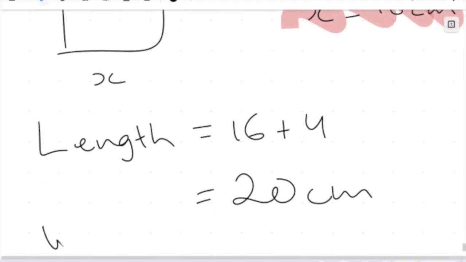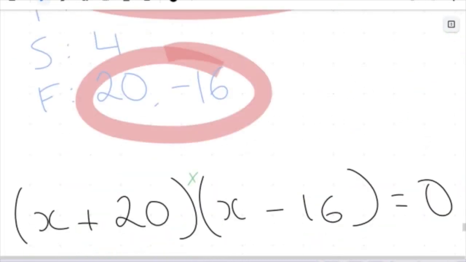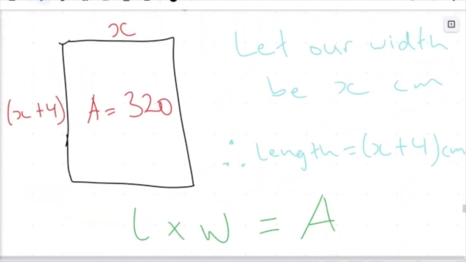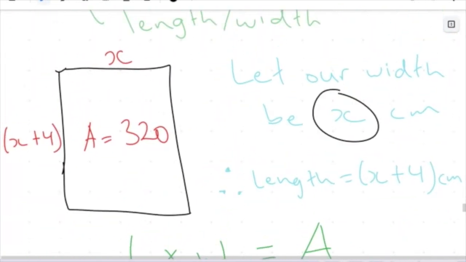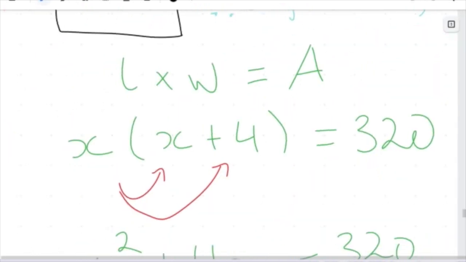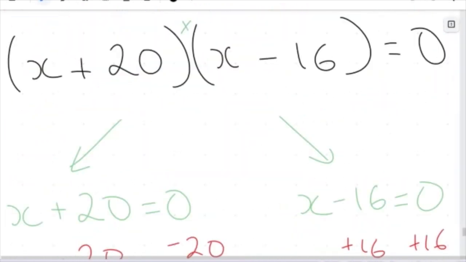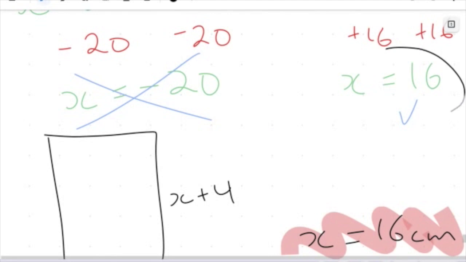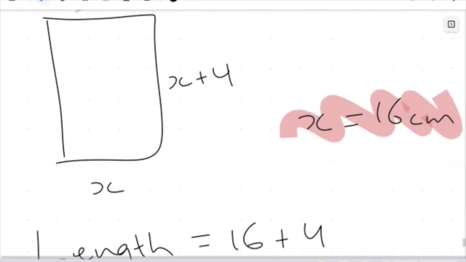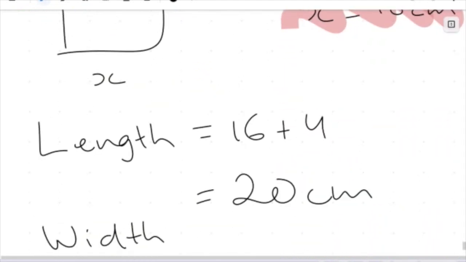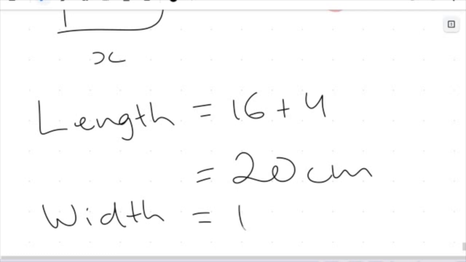And my width, we said in the question, well, when we were laying it out, we let our width be just x here. So our width is just the solution to the quadratic, which is x equals 16. So that means our width is 16 centimeters.